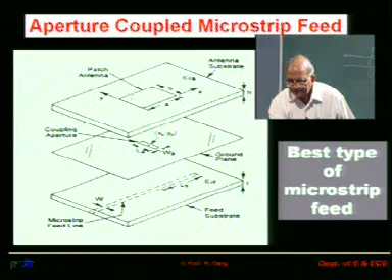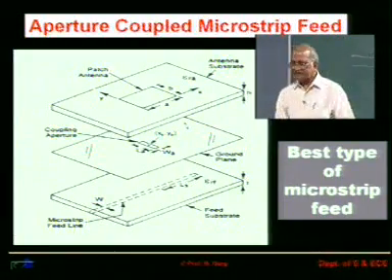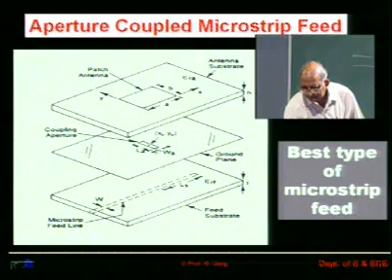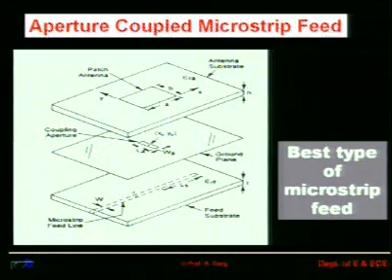The dimension of the patch is determined by, because this substrate and this ground plane is just like your normal patch antenna, except that in this ground plane we have cut a slot over here, right underneath the center of the patch. There is a rectangular slot over here, and this rectangular slot is being fed by a microstrip line on this side.